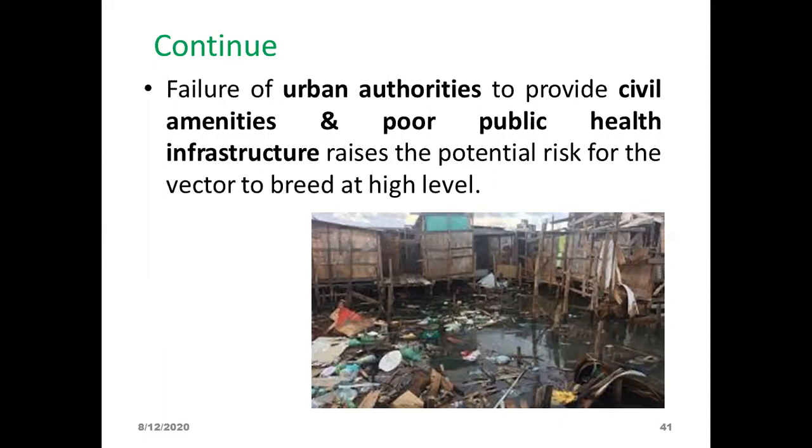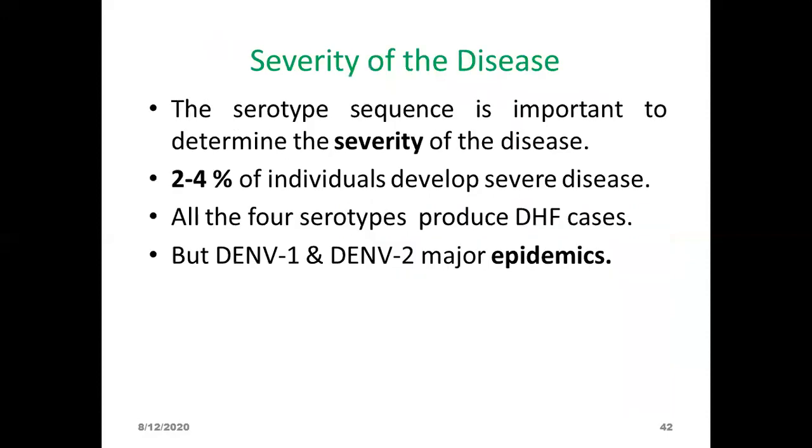So, if there is a failure in providing public health facilities to the communities, or civil amenities to the urban areas, it will increase the risk for the vector to breed at a high level, and it will lead to increased incidence and prevalence of dengue disease in that geographic area.